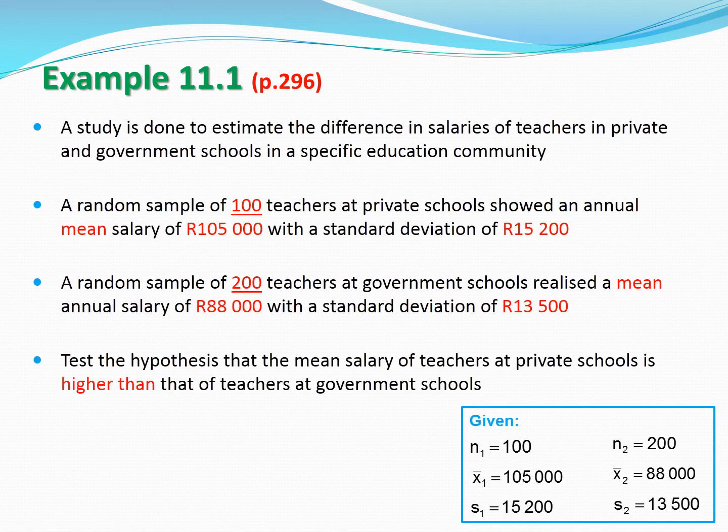Then they ask you to test the hypothesis that the mean salary of teachers in private schools is higher than that of teachers in government schools. So in the alternative hypothesis, we will use greater than. And then they ask you to test this at a 5% significance level, so alpha will be 0.05.